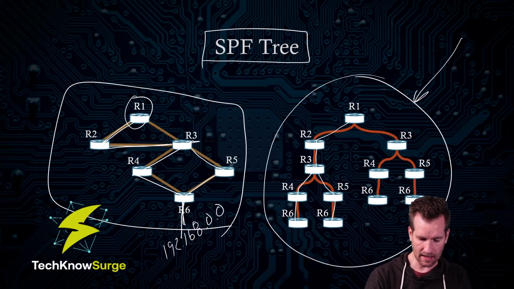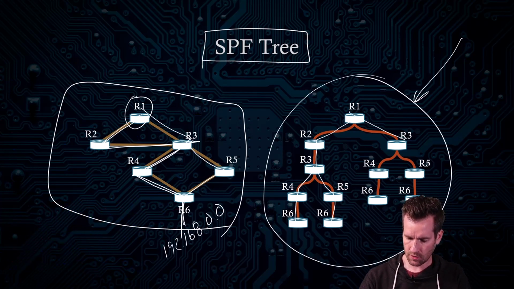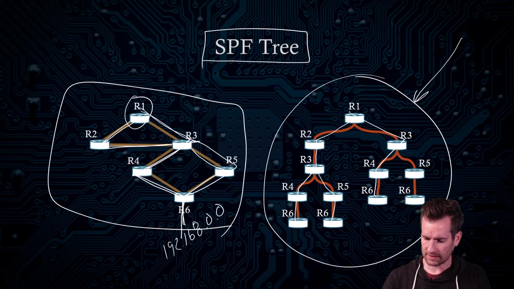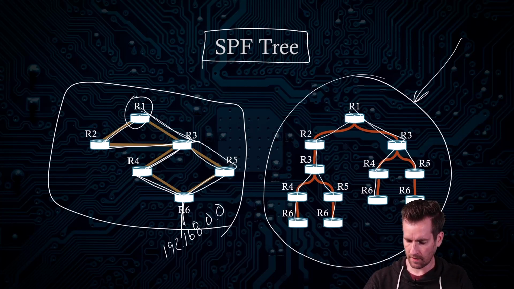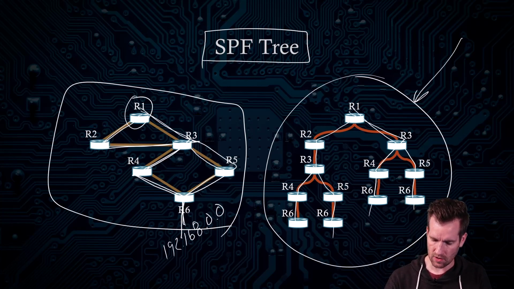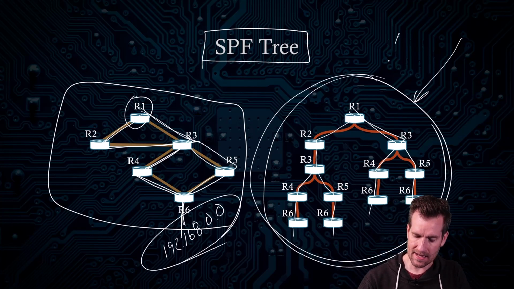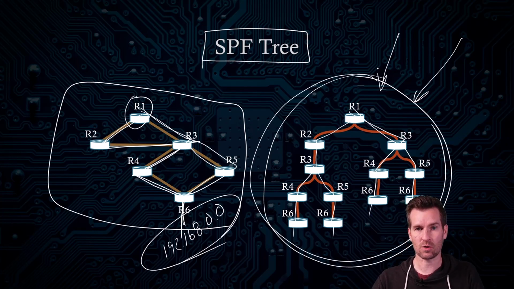It also sees it can go R3, R4, R6. So R3, R4, R6. Or go to R1, R3, R5, R6 to get to the final destination, which is this 192.168.0.0. So this right here is the SPF tree that it creates.